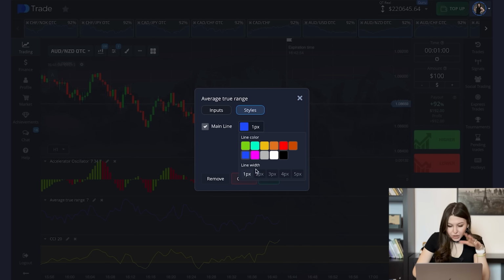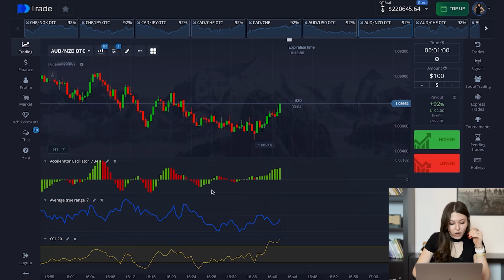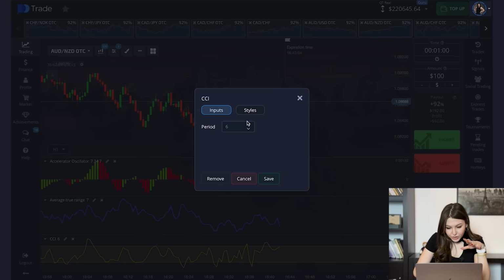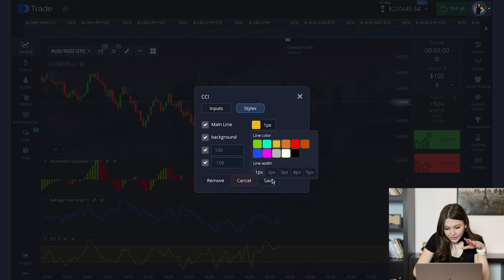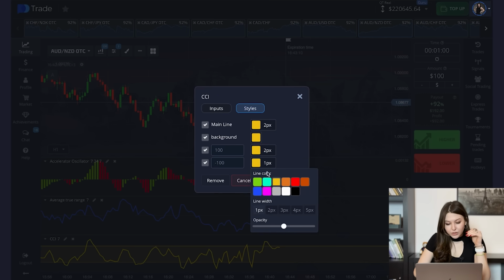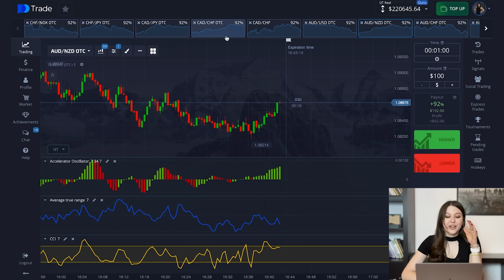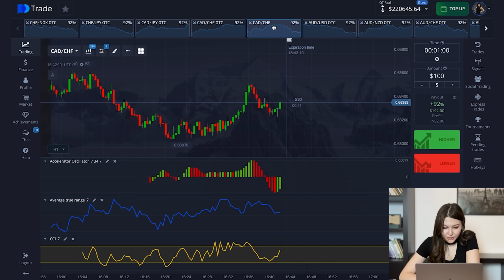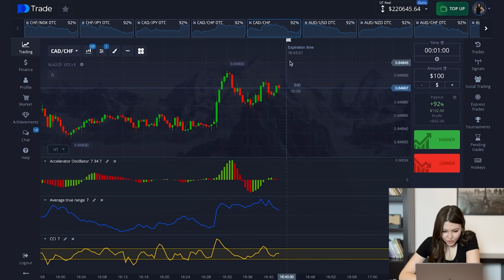I'm also changing the style so it's visually more comfortable for me to understand what's happening and watch the videos. So let's correct it to 7 and the styles to 2px, that's more comfortable for me. Let's start. Let's find the asset with the finest situation for us on the market, and let's start.